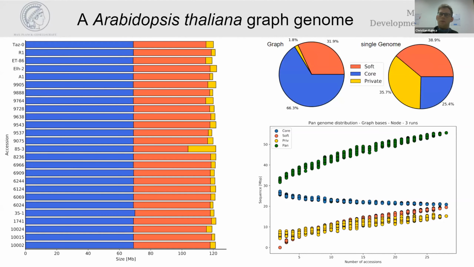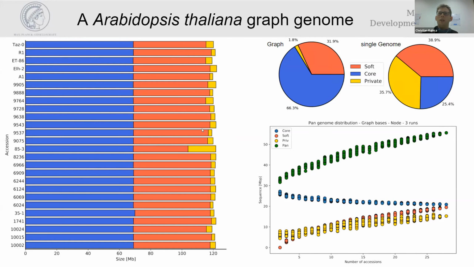One of the graphs that we built as part of this project consists of 26 genomes. When you first look at the statistics for this graph, you are able to see that roughly 65% of each of the genomes is actually shared sequence that's 100% identical for all of the genomes.